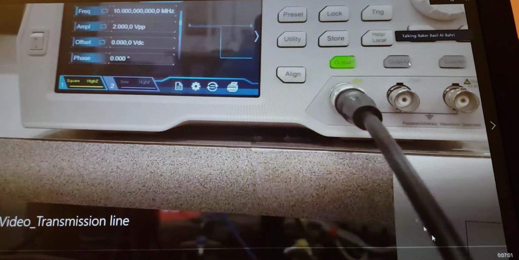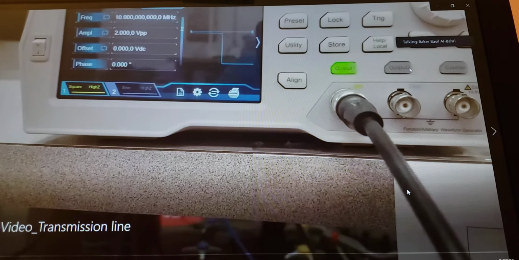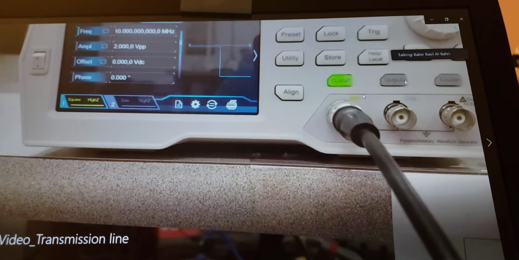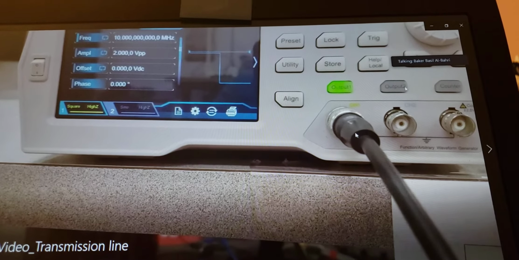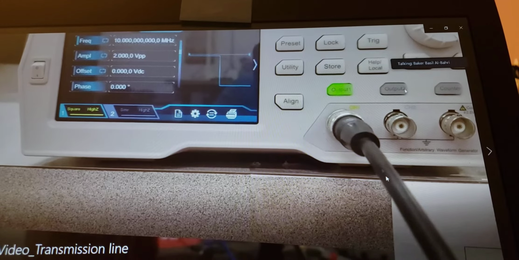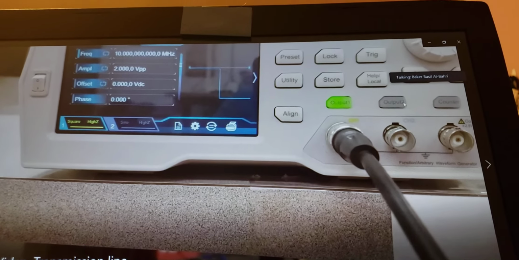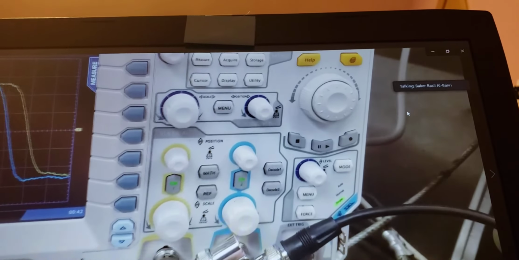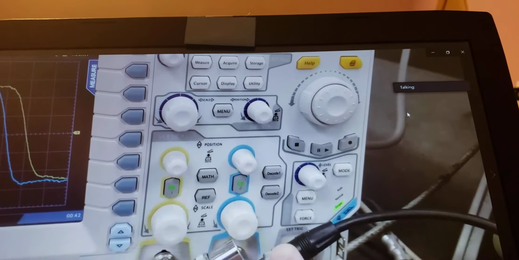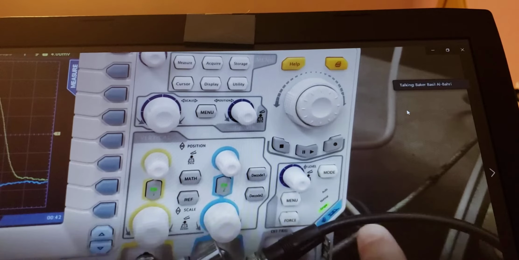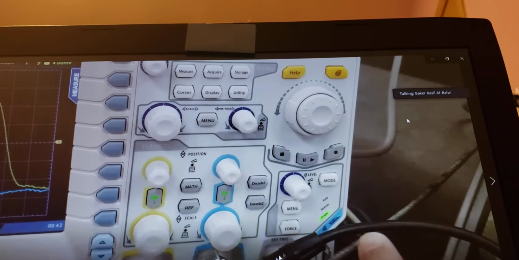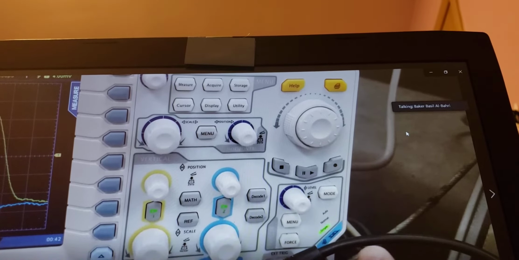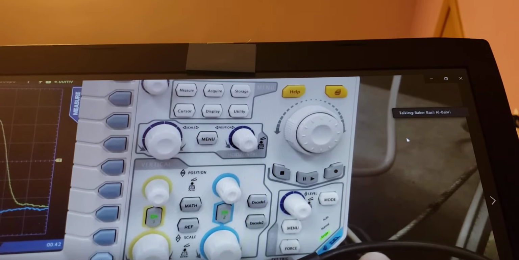Now here, this is the coaxial cable, and we connect it to channel 1 of the function generator. This one should go to channel 2 in the scope. This one comes from the function generator, and this is the T junction.